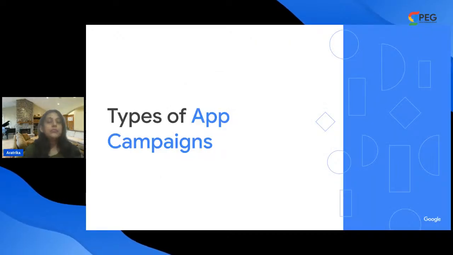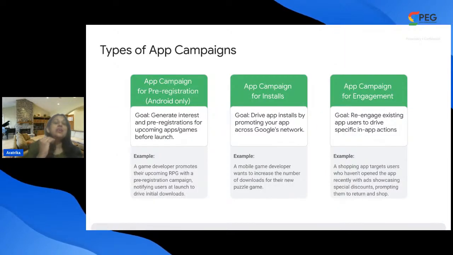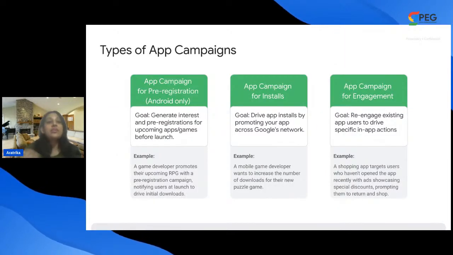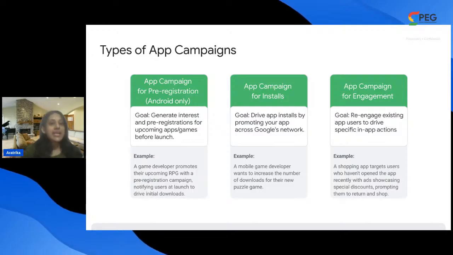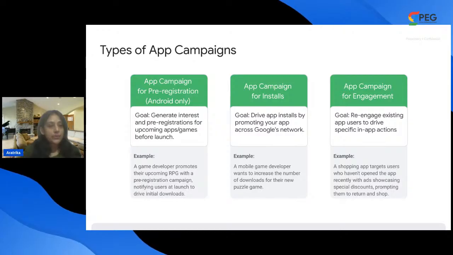Now, let's talk a little bit about the different types of app campaigns that we have in Google Ads. The first is app campaign for pre-registration, which is available for Android only. It is not available for iOS at this moment.